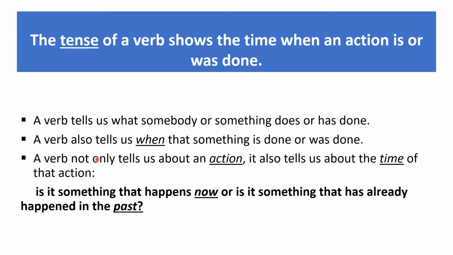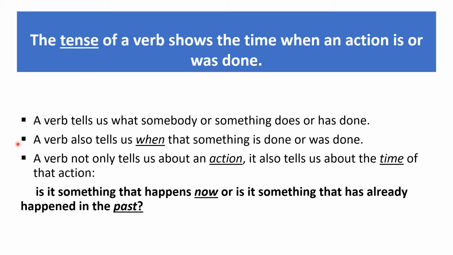Now this means the first subtopic, which is a verb tells us what somebody or something does or has done, means that when we look at a sentence, we can find out what has been happening in the sentence or what somebody or something has been doing.